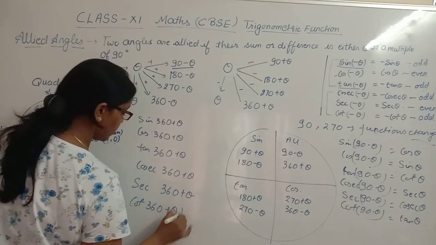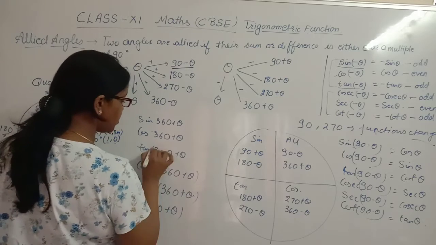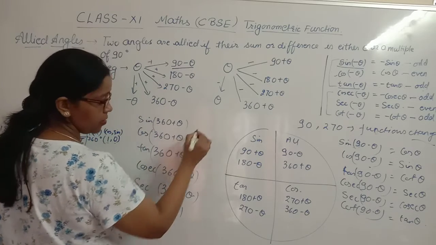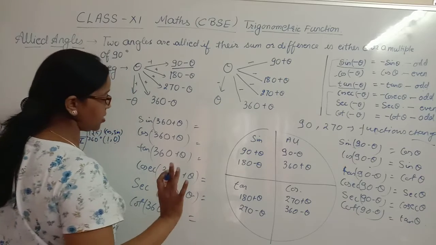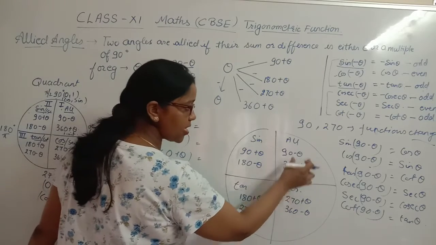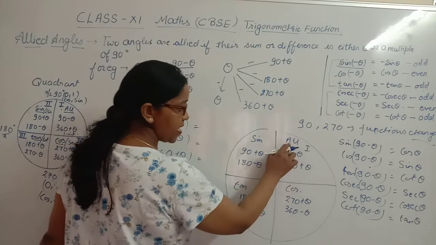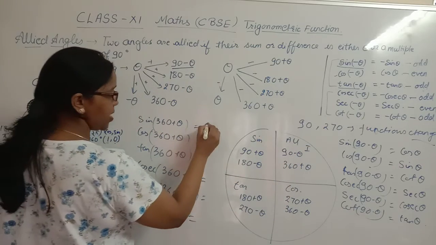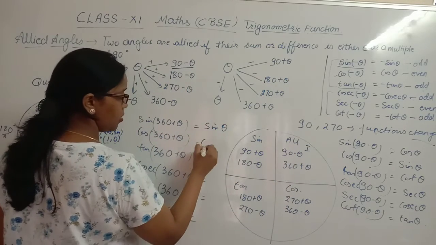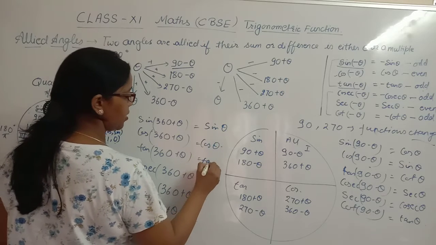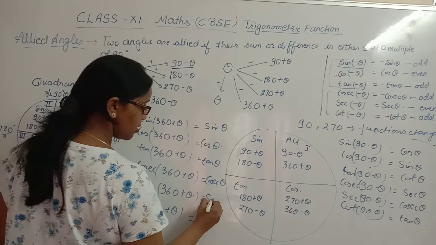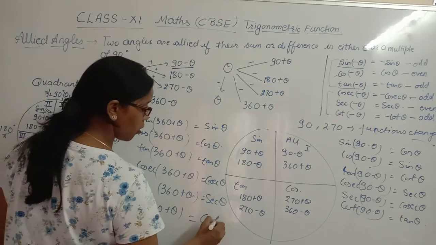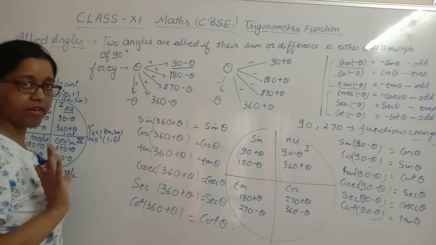For all these the function will not change. Why will the function not change? Only with 90 and 270 the function gets changed, and as 360 plus theta lies in the first quadrant, and here all the functions are positive, it means sin theta, cos theta, tan theta, cosec theta, sec theta, cot theta. This is how you will get all the values.